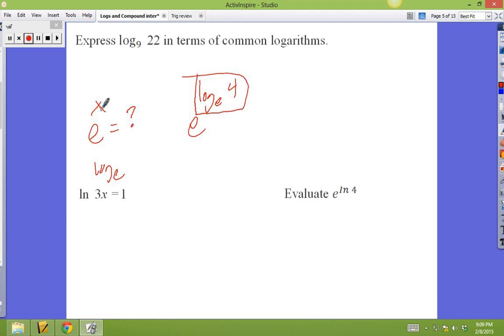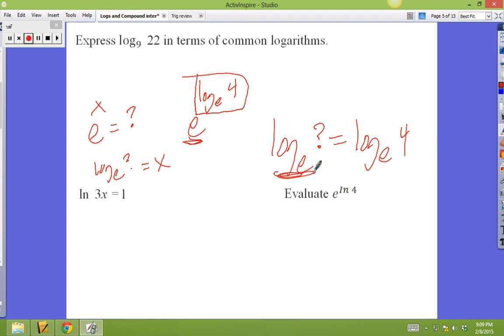The exponent comes over here. It equals the exponent, and question mark goes here. So if we morph it to a log, it's going to be log, here's the base e, of what is going to equal this exponent, and this exponent is log in base e of 4. So now look what you got. Log in base e is equal to log in base e, so question mark has to equal 4. So e raised to log in base e of 4 is just going to spit out a 4.